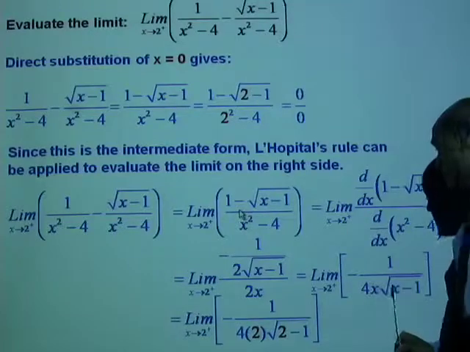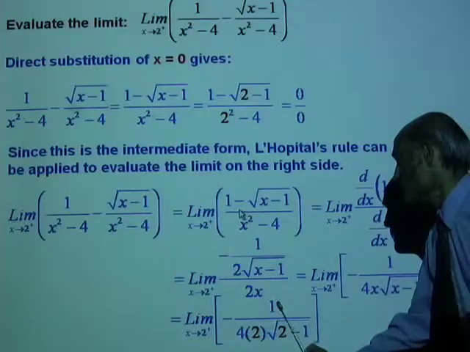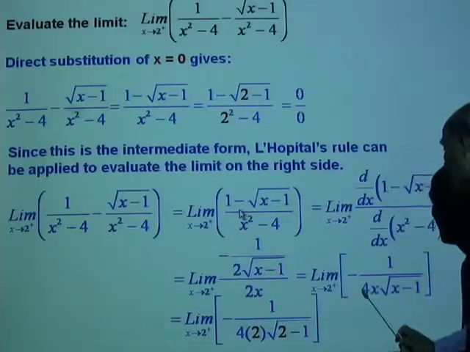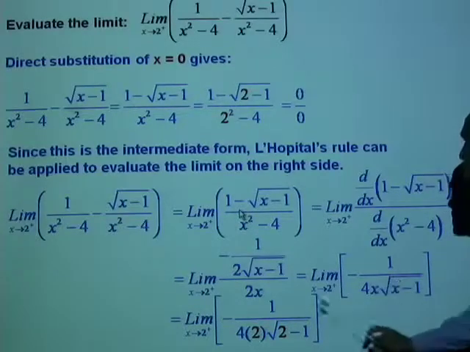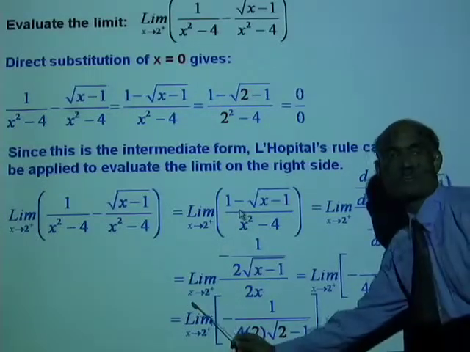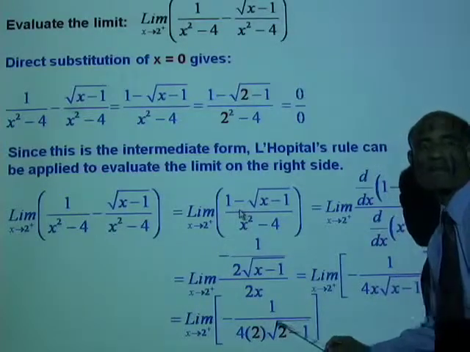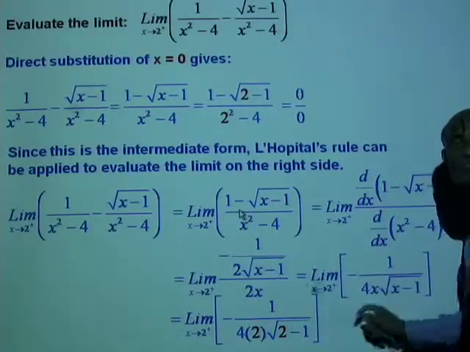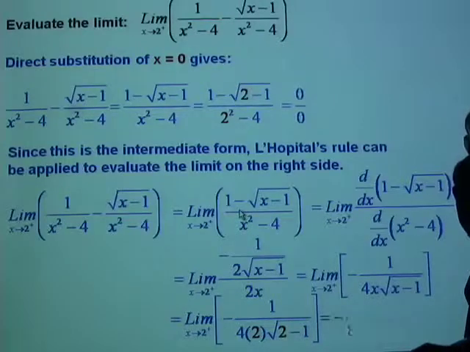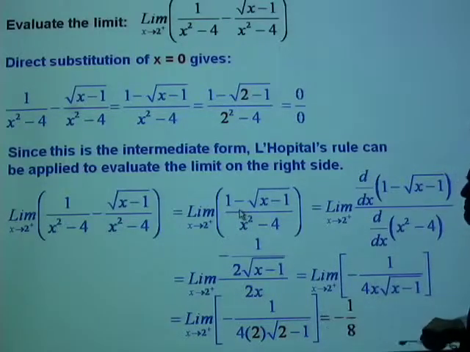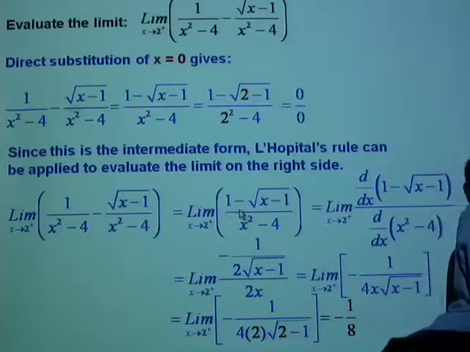Well, we can do that. So that will be negative 1 over 4 times 2 square root 2 minus 1. We don't need the limit now because we have applied the limit. So the value of this is negative 1/8. The value of that limit is negative 1/8.